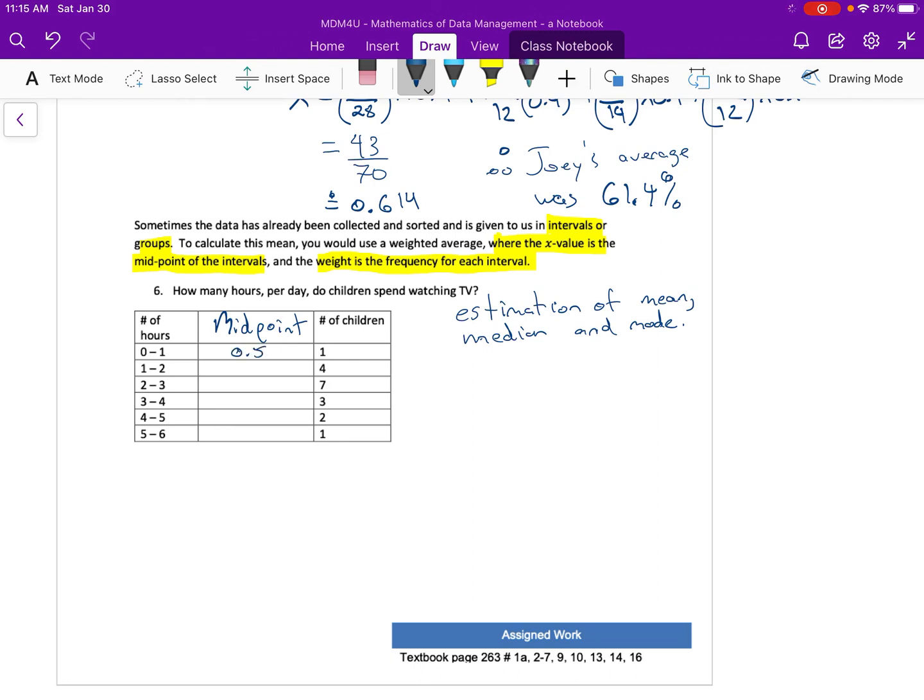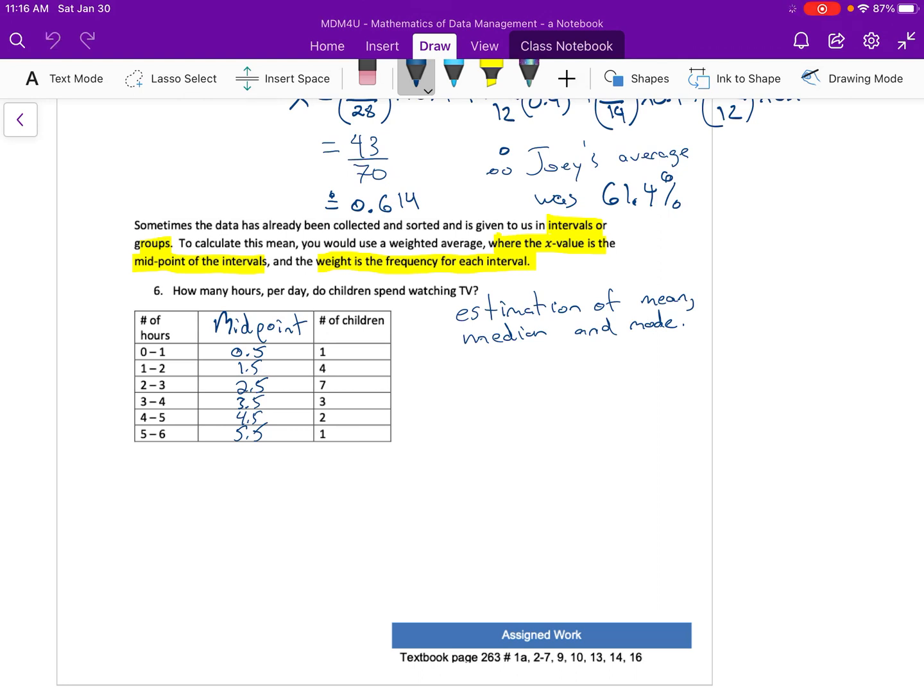So let's put in the midpoints though. So we've got 0.5, 1.5, 2.5. I just add the two together and divide by 2 each time, or just see the trend here. And so when you read this, the number of children that watch 1 to 2 hours is 4, 2 to 3 is 7.